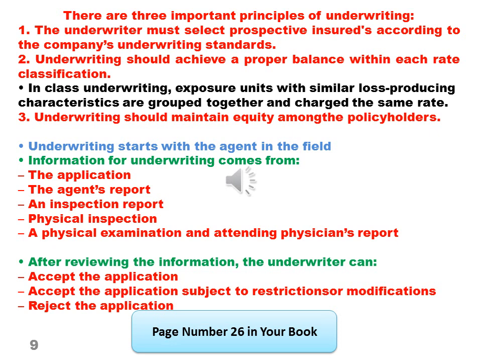Underwriting should maintain equity among the policyholders. Equity among the policyholders means all holders of policies who have the same type of exposure unit must pay the same premium to the insurance company.